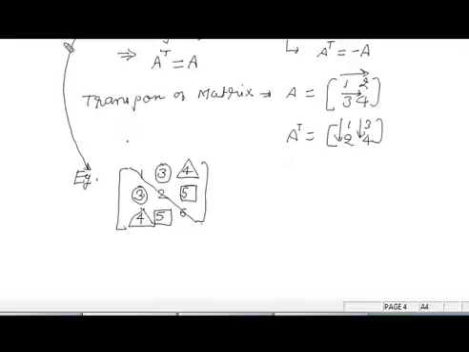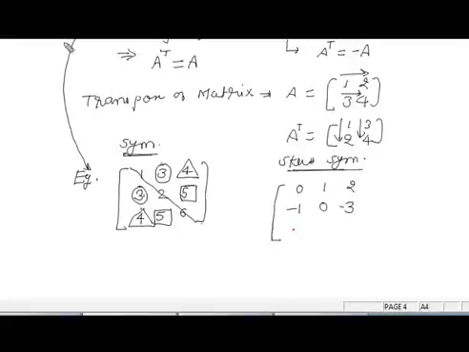And the example of a skew symmetric matrix is this.